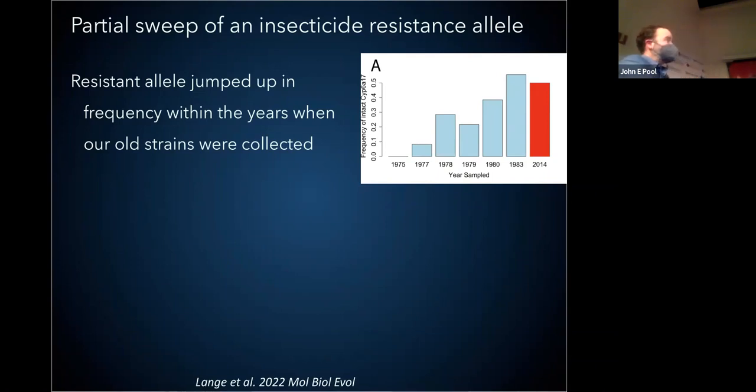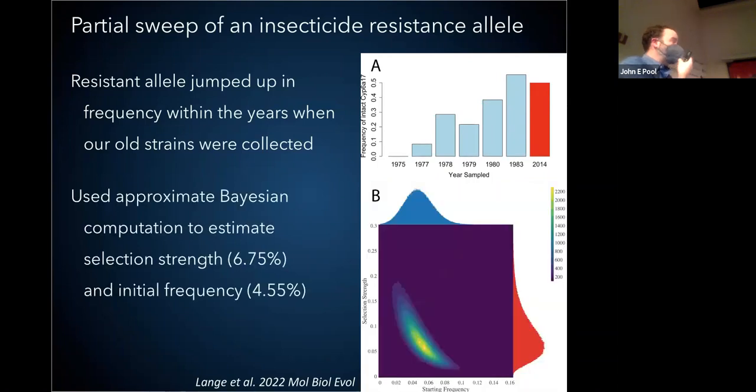But even just based on this rapid rise within the old samples, we were able to use an approach based on approximate Bayesian computation. This is a simulation-based approach to estimate how strong the selection was that governed the rise of this allele over this time scale, and what sort of frequency we think it was initially starting at.